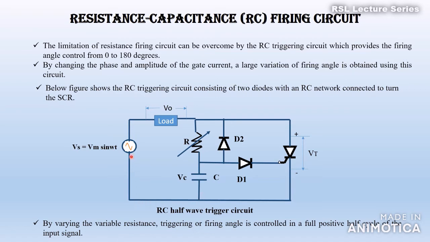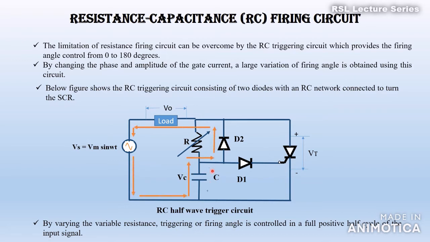As a result, the current will start flowing through the circuit from the lower terminal of the supply voltage through the capacitor, through diode D2 and the load, and completes its path. As the current flows, the capacitor will start charging with the lower plate positive and the upper plate negative.